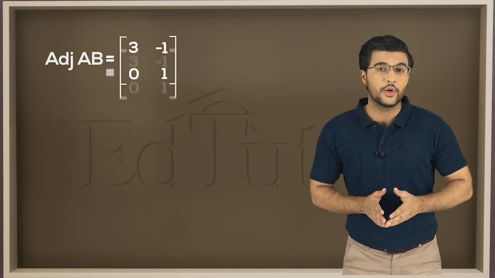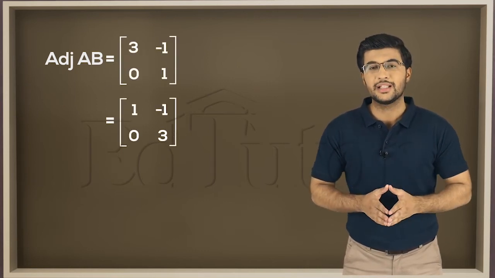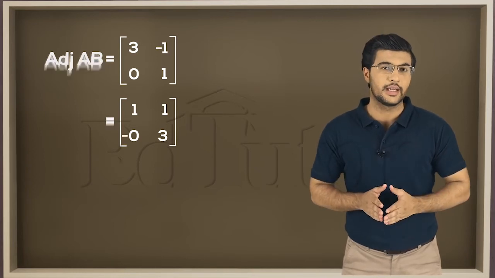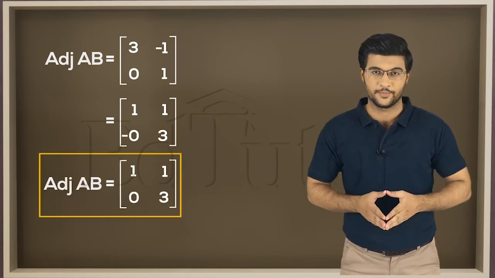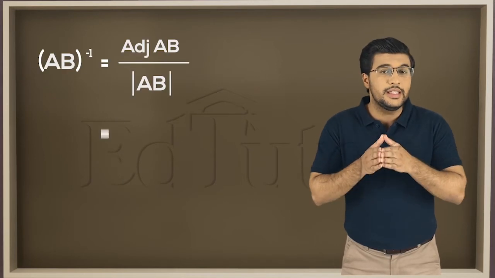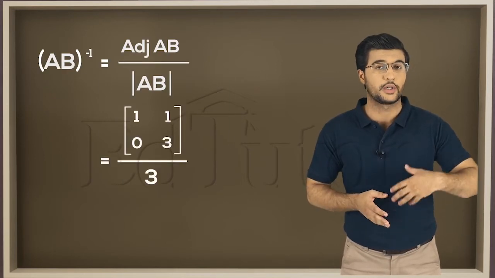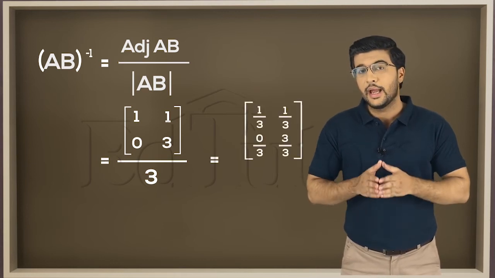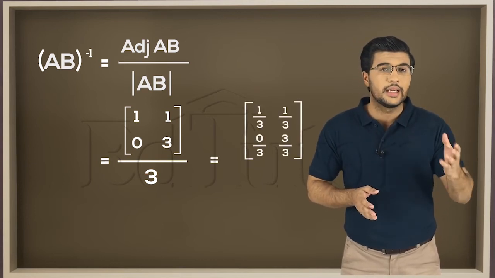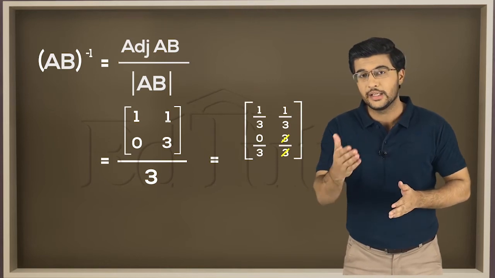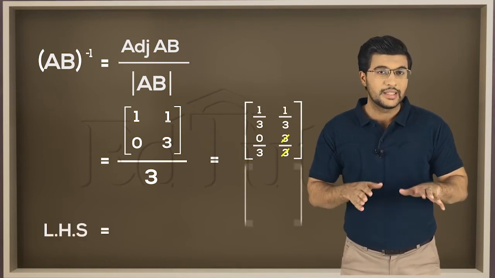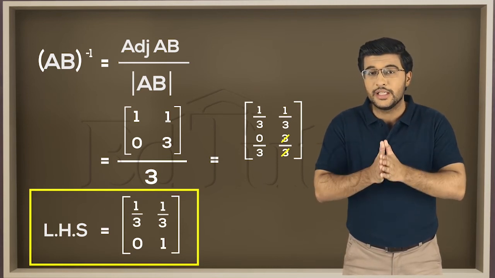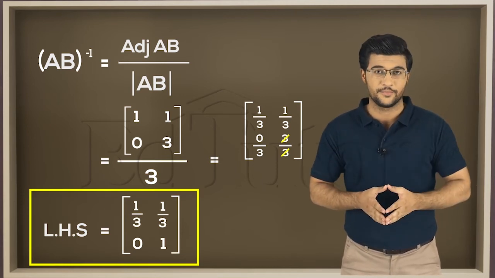For the adjoint of AB, interchanging the diagonal entries and changing the signs of other entries gives us the adjoint. Let's put these values in the formula for the inverse that we have seen before. Here, every element in the adjoint gets divided by this 3 down here. So, this is the inverse of AB. We have successfully solved the left hand side.